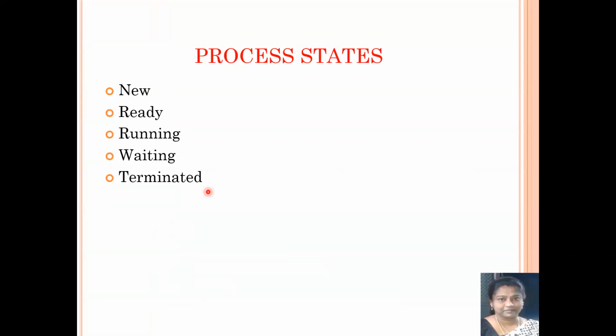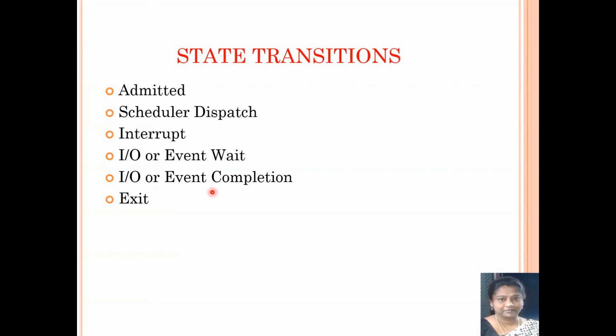But before that, let's list out all the various state transitions: admitted, scheduler dispatch, interrupt, IO or event wait, IO or event completion, and exit. So totally we have 6 state transitions. These state transitions will cause a process to move from one state to another.